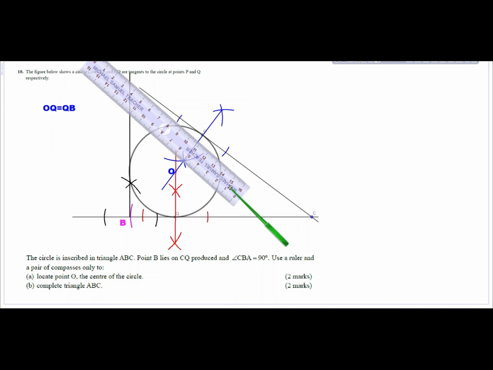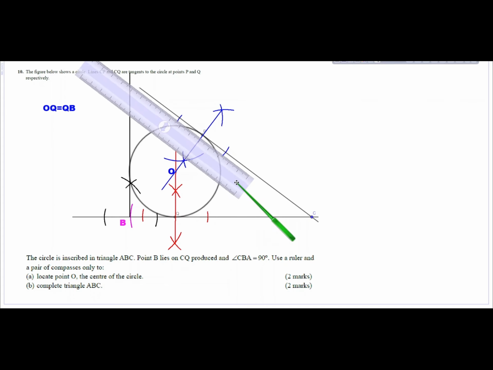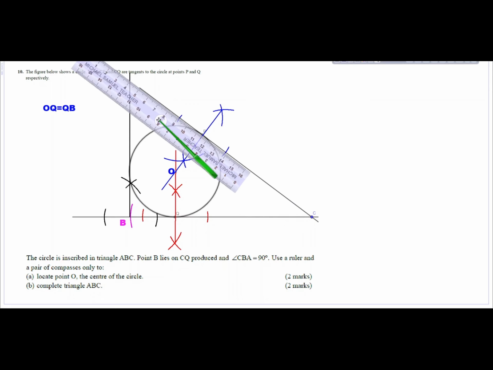So I'll be required to extend this. So we extend that line.